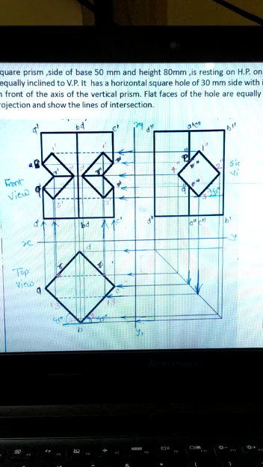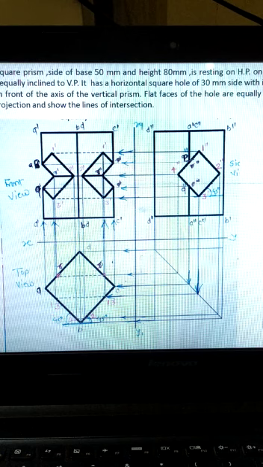So here is one of the problems. A square prism, side of base 50 mm and height 80 mm, is resting on the HP on its base with all rectangular faces equally inclined to VP.